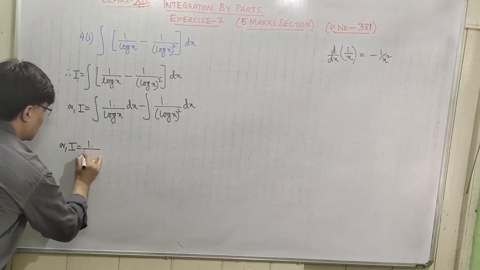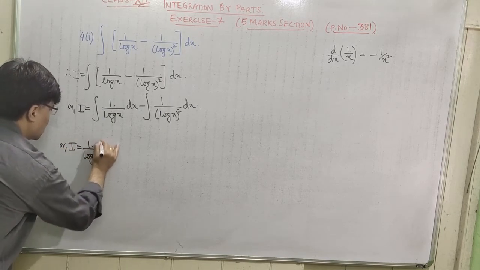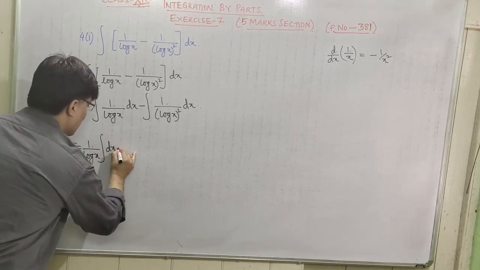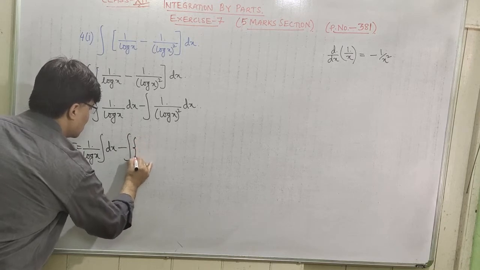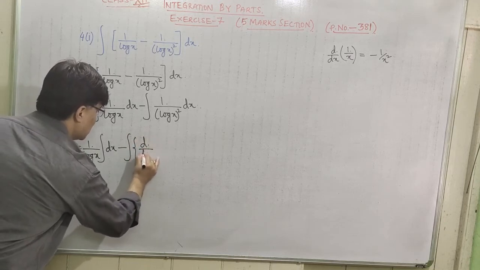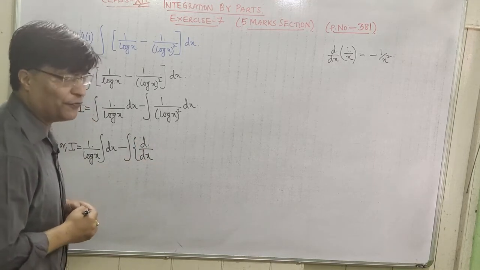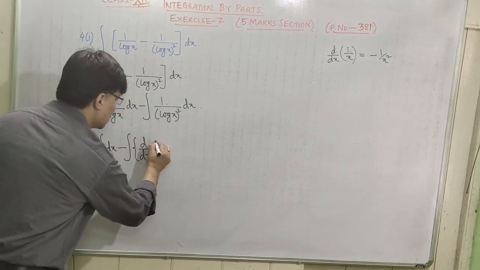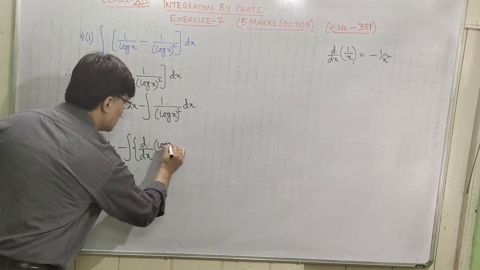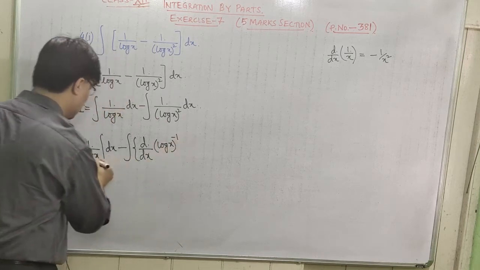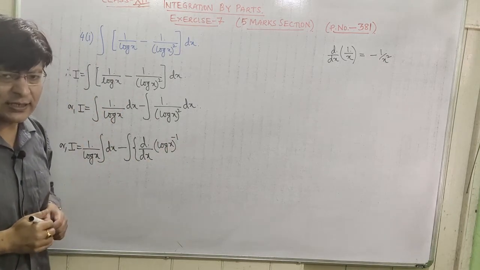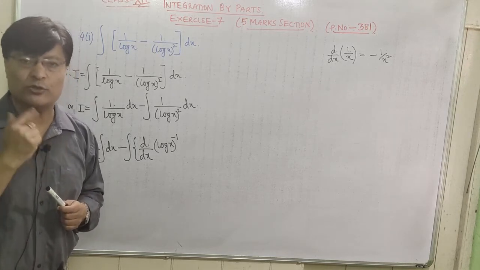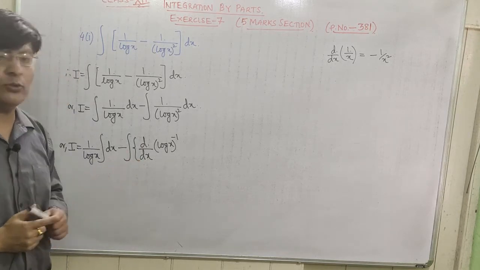I is equal to 1 upon log x integration of dx, right? Minus integration of second bracket. This is dy dx of first function, that is 1 by log x. Actually 1 by log x is log x whole to the power minus 1. It is taken to the numerator so that it will be easier for you to differentiate log x whole to the power minus 1 with respect to x.